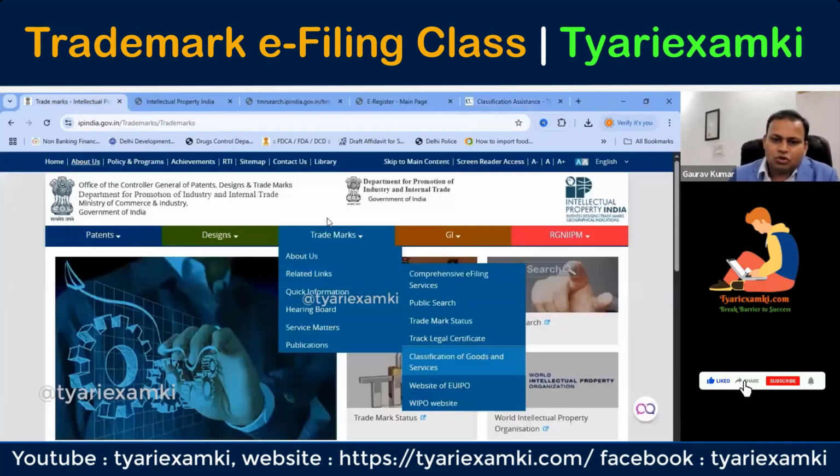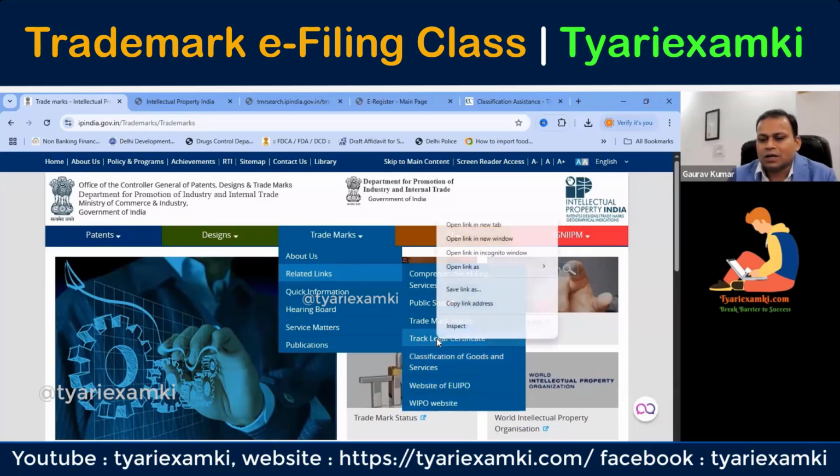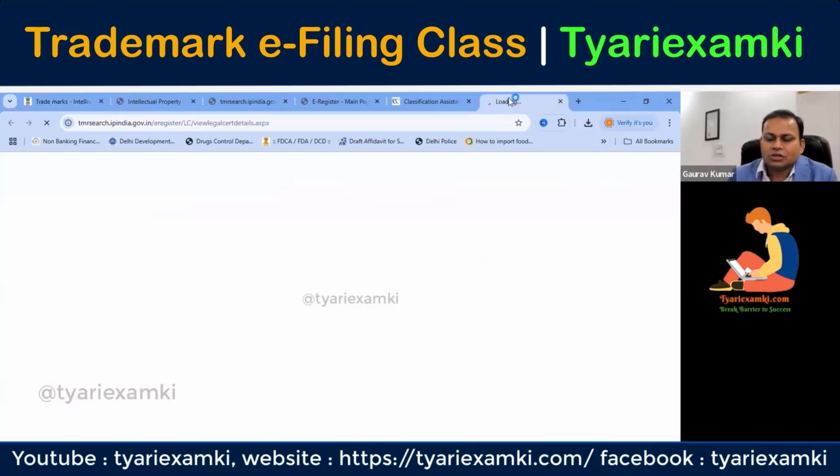So these are mostly the 4 websites that we use when we work on the trademark. Next are the website of the European Union IPO and the WIPO website. And the last one is the trademark legal certificate. Any kind of legal certificate that you require from the trademark office, you use this website. This website generally works very slow, and it takes time to load and to work.